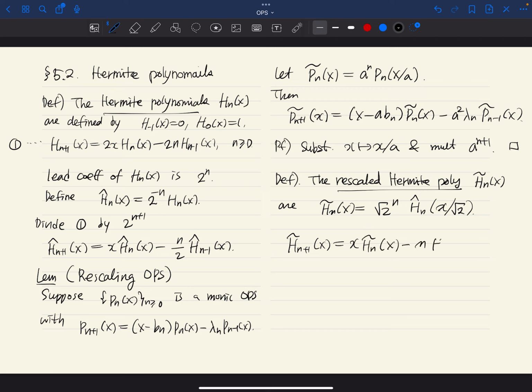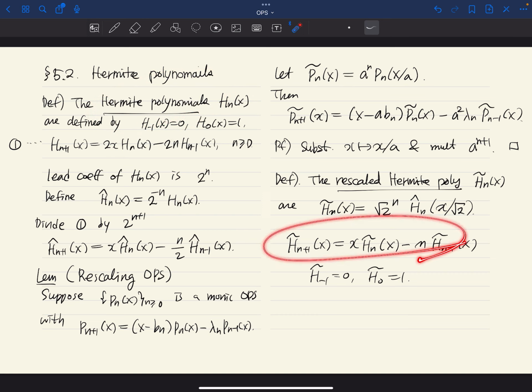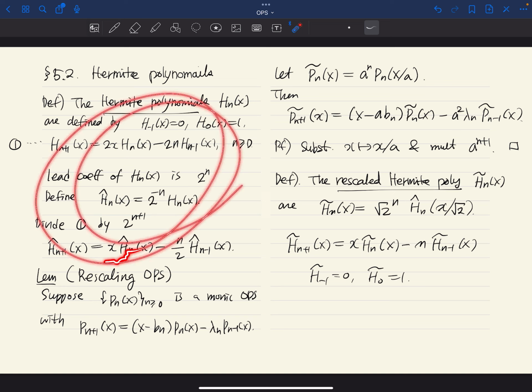n h_{n-1} tilde of x, where of course h_{-1} is 0 and h_0 is 1. So this is called the physicist Hermite polynomials, and these are called probabilistic Hermite polynomials. But we will use this because it's nicest. They are really the same thing. If you can do something with this, you can do the same thing with this.